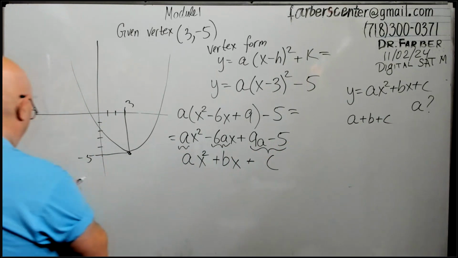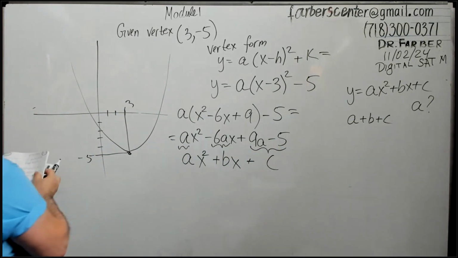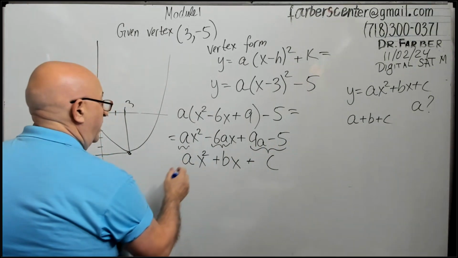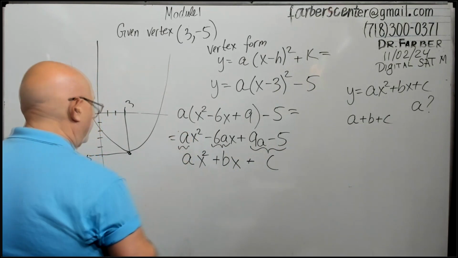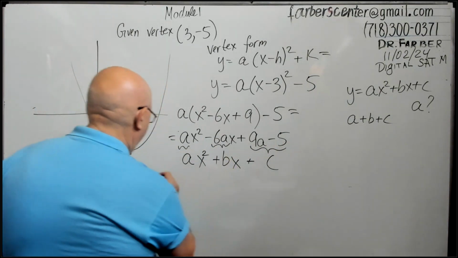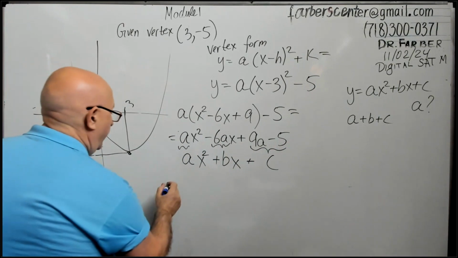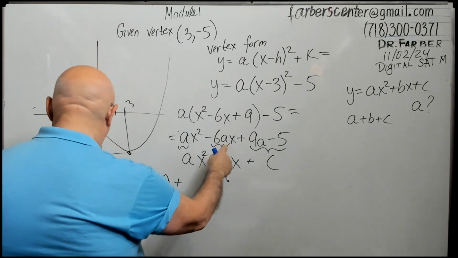And they provide multiple choices for this. So my a equals a. It's itself, right? For b, let me put it over there. Instead of this, I put here. a plus b is negative 6a.